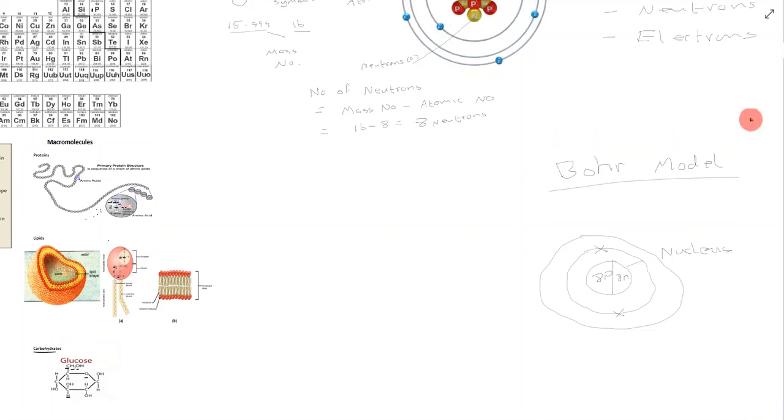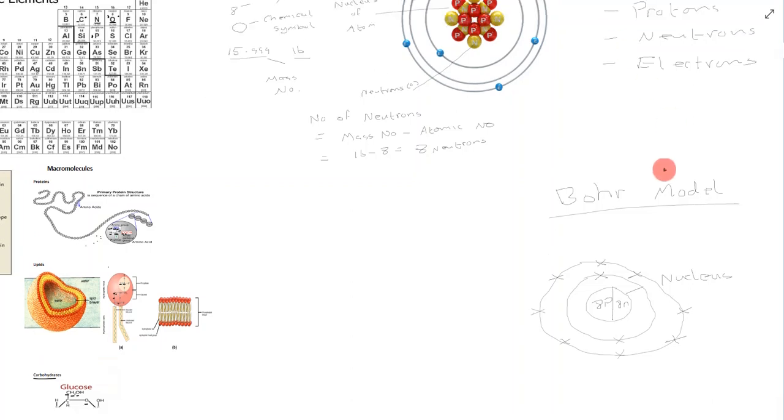So we can represent just 8 of them: 1, 2, 3, 4, 5, 6, 7, and 8. Each of these lines represents what's known as an orbit, and these here are known as electrons.